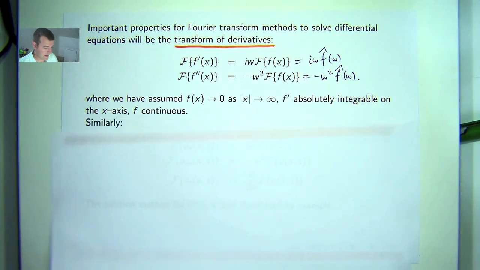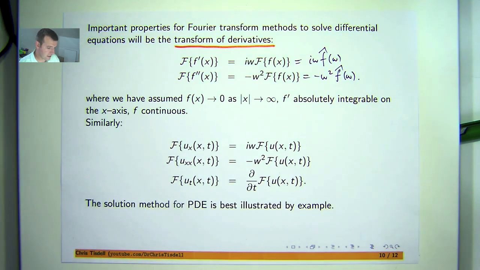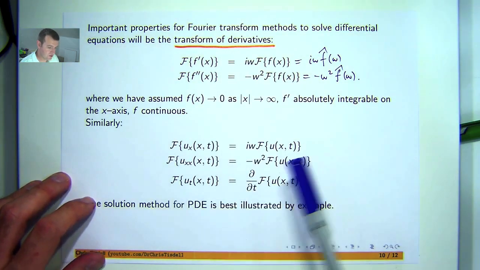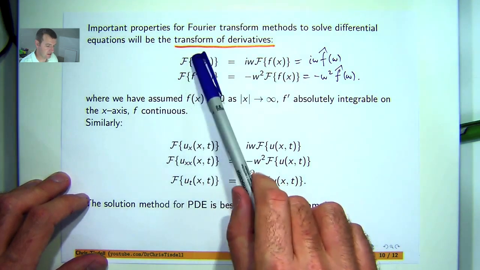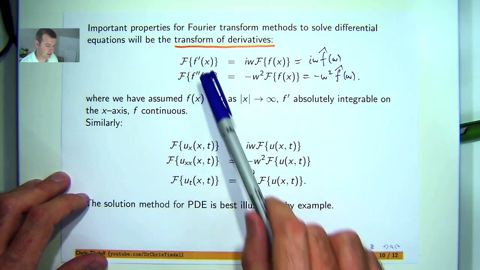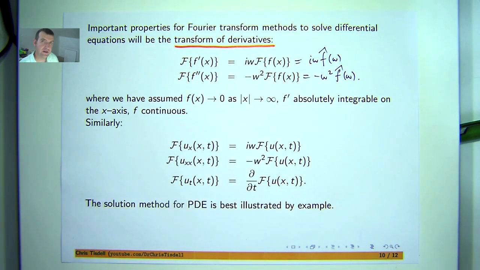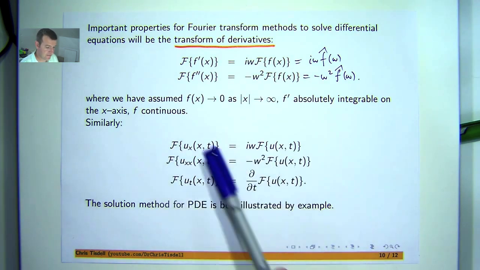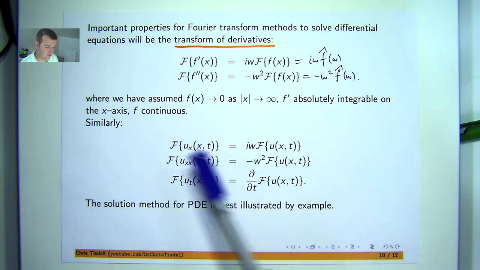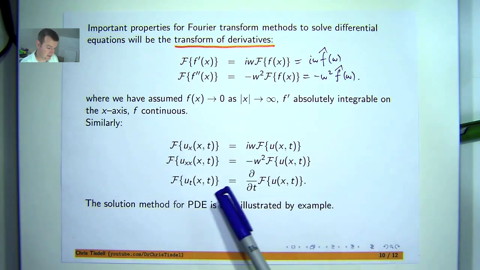Okay, and we're going to be interested in solutions to partial differential equations. So in that case, the derivatives that we're going to be transforming depend on two variables and they're partial derivatives. So you get the same. Now, in these cases, we're transforming with respect to x.